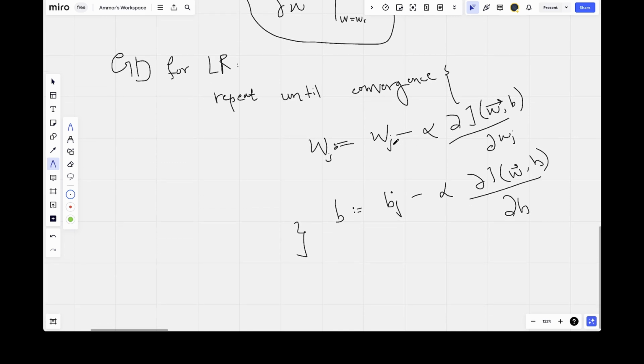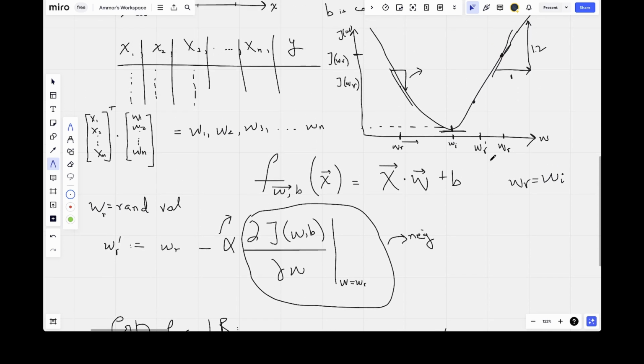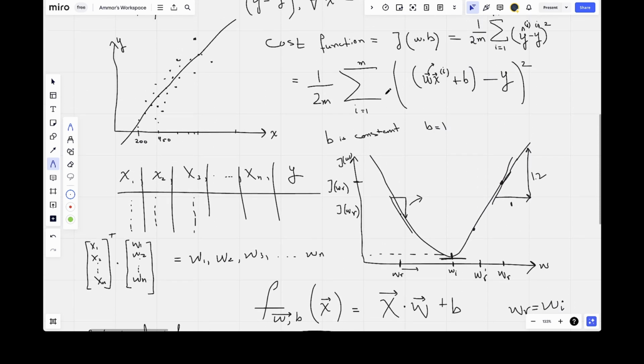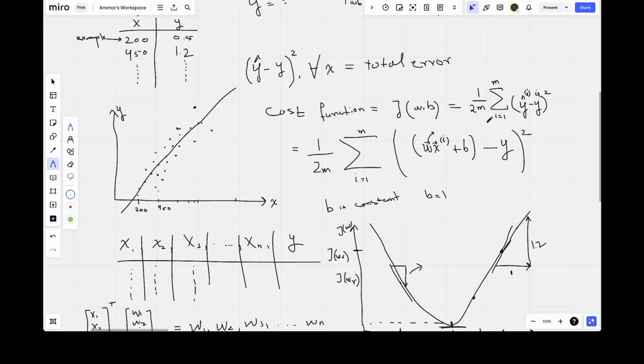One last thing that you might be wondering is how we compute these derivatives, because once we have these derivatives, everything becomes easy. We require calculus to compute the derivative of this expression with respect to w and b, which I can do very quickly.